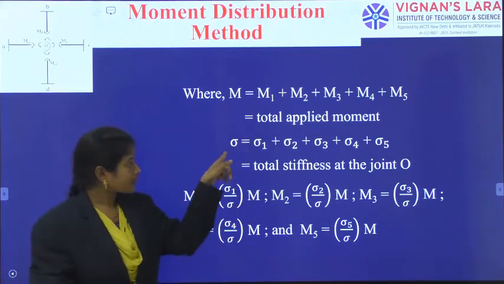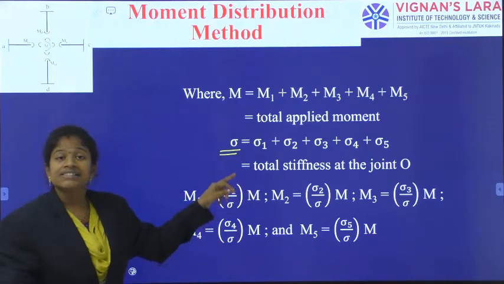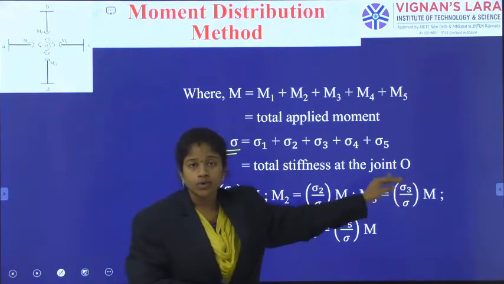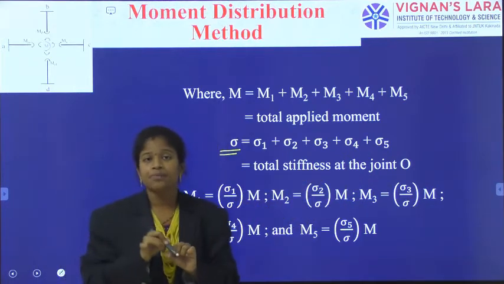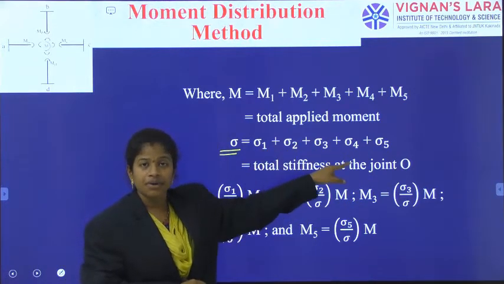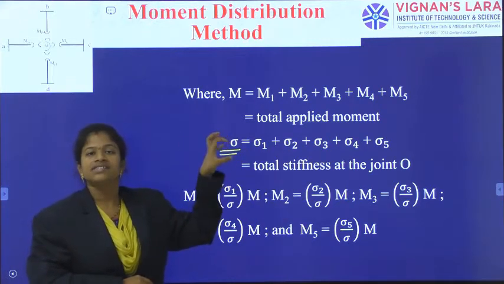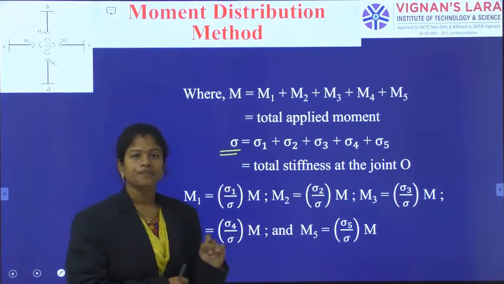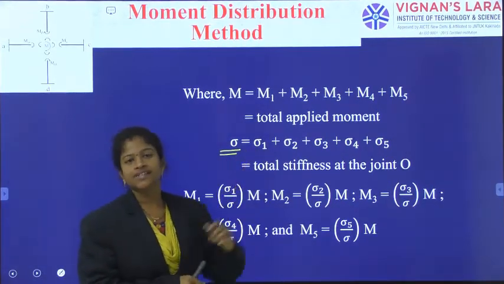And also sigma is equal to total stiffness of the joint at O. So the stiffness of the joint at O is equal to the summation of the stiffness of each member. So see here, we have set sigma as the total stiffness at the joint.